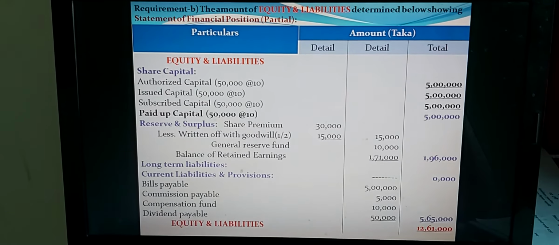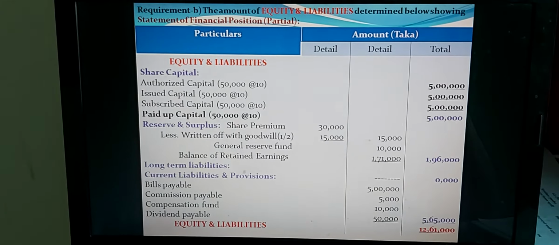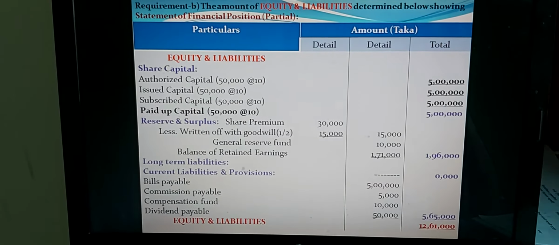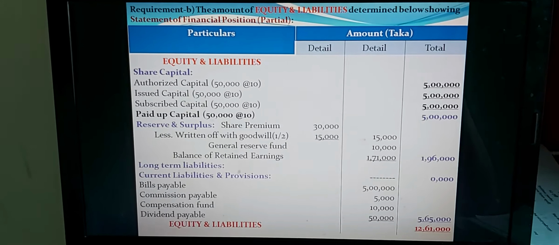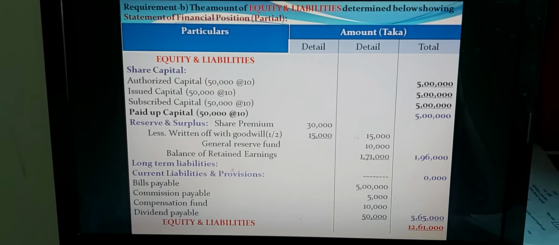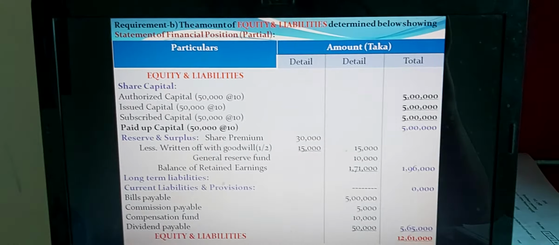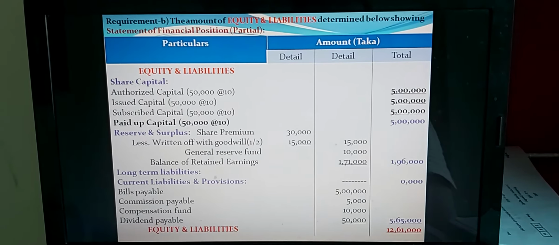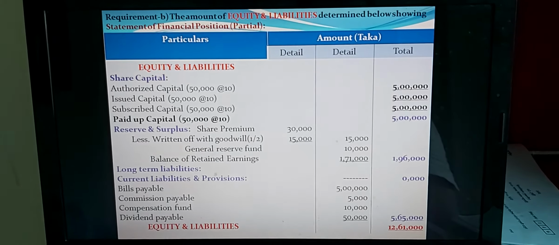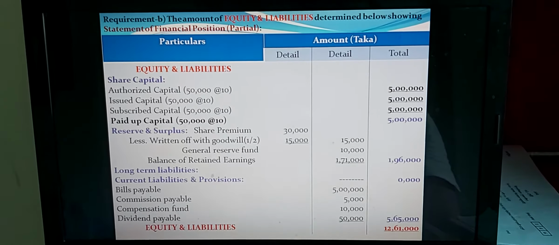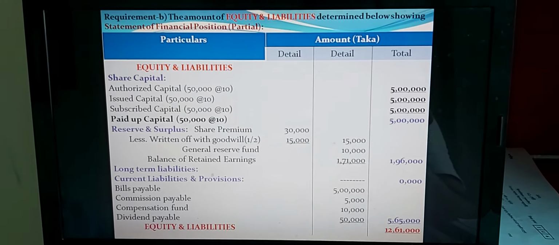So you can deduct half of the amount from share premium. Share premium taka 30,000, its half amount 15,000 to be written up, that is deducted. So you can take in middle column taka 15,000 for net share premium in the reserve and surplus head.